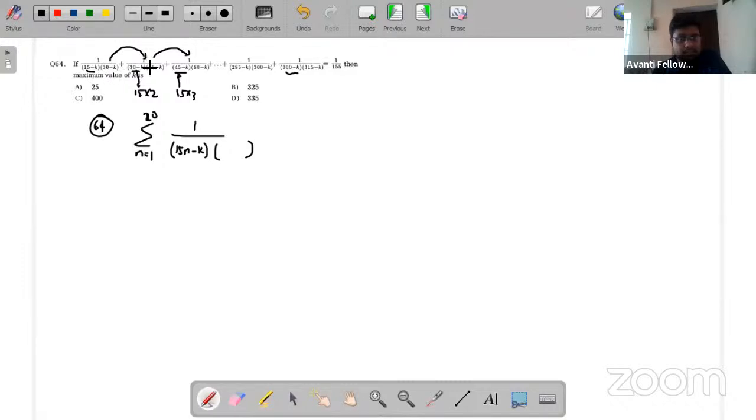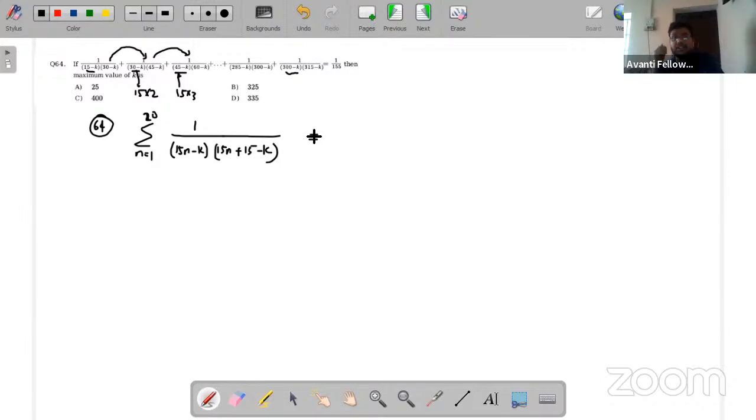See, 30 plus 15 is 45. 45 plus 15 is 60. 285 plus 15 is 330. So ultimately what we are doing to get this, we are adding 15 here. So 15n plus 15 minus k. I can write it down this one. 15n plus 15 minus k.